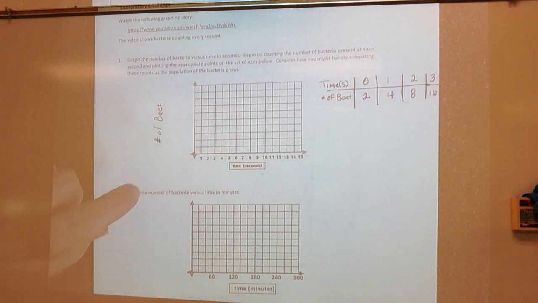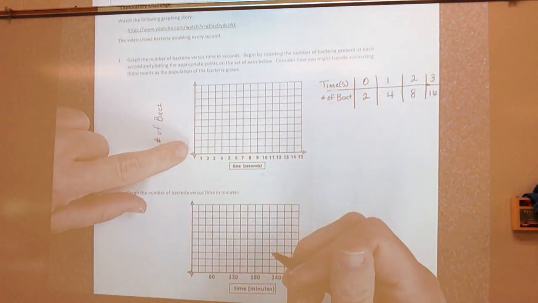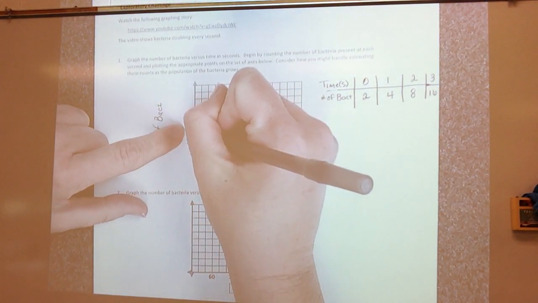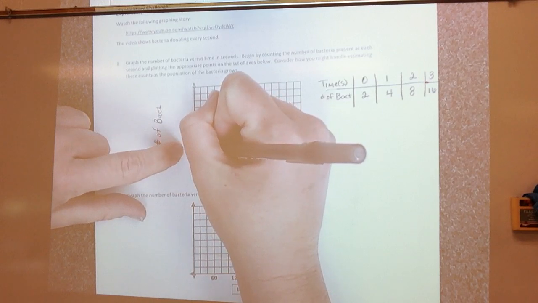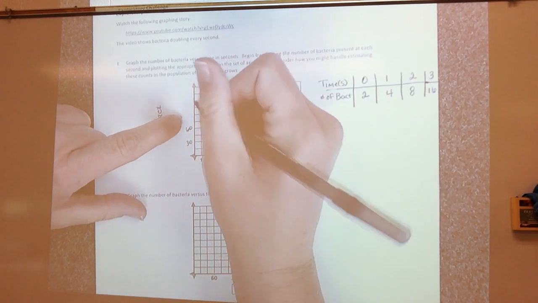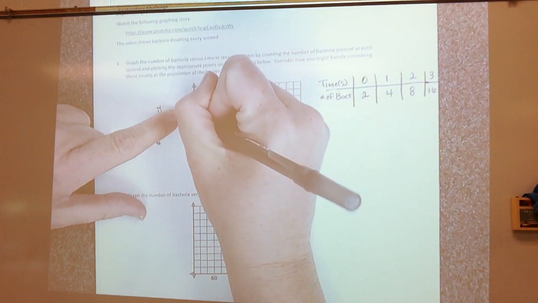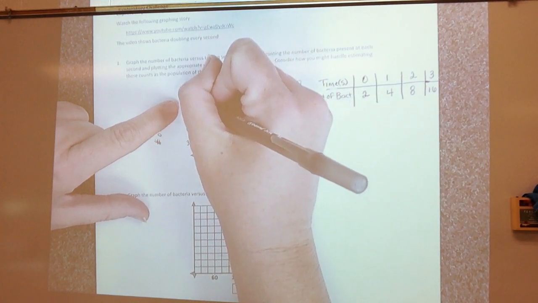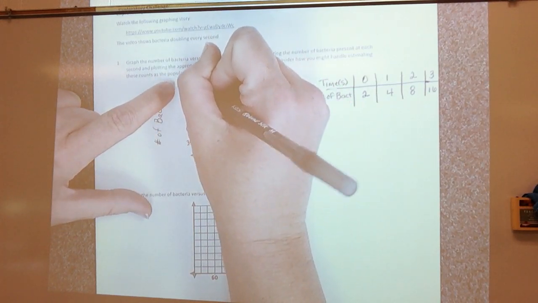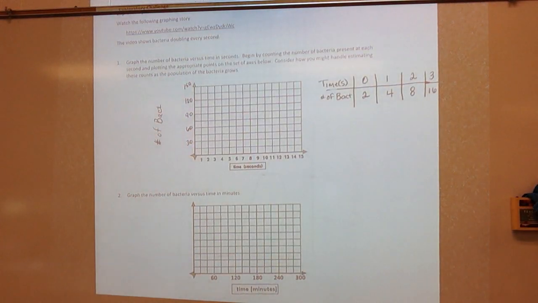But maybe we could label it, let's go by 30s. Well, let's go by 15s. 15, 30, 45, 60, 90, 120, 150. Okay. Let's label it this way.